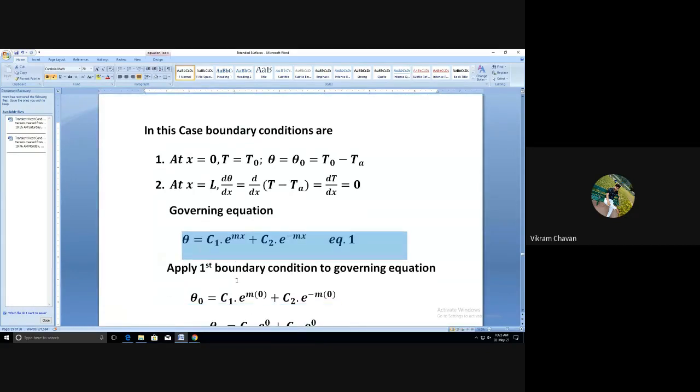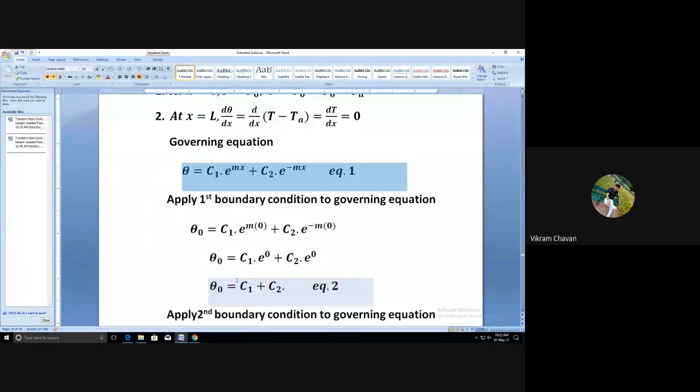Now as usual we have to apply the boundary conditions and determine the constants c1 and c2. First we apply the first boundary condition to the governing equation. When x is equal to 0, theta becomes theta naught, which is equal to T naught minus TA.